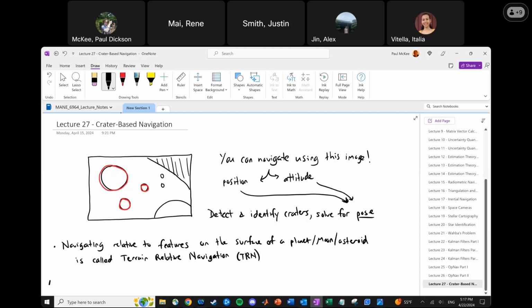I should make a note. That's supposed to be a star. There we are. This is an area of active research.